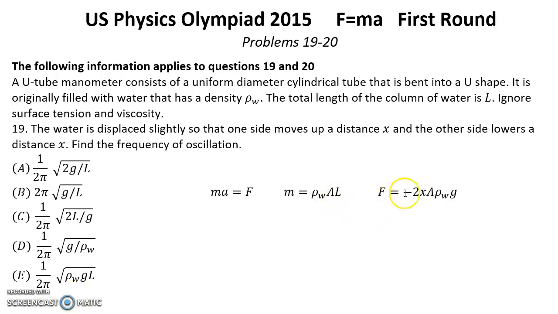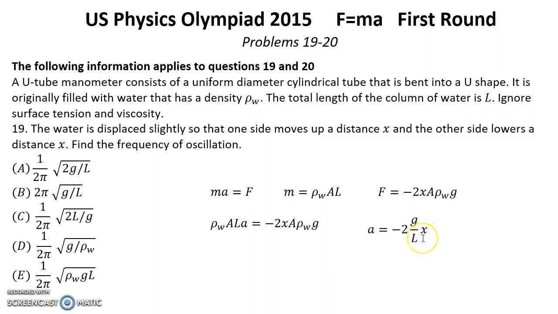Restoring force F equal the weight of a column which has height difference 2x, and the volume for this column is 2xA multiplied by rho, that's a mass, and multiplied by g, extra weight. So now equalizing these two expressions, we have this view, and after proper substitutions we have acceleration equal minus 2g over L times x, which has a regular canonical view for harmonic motion.